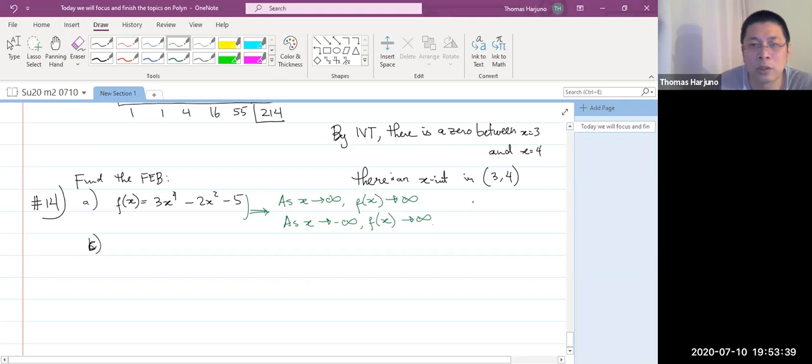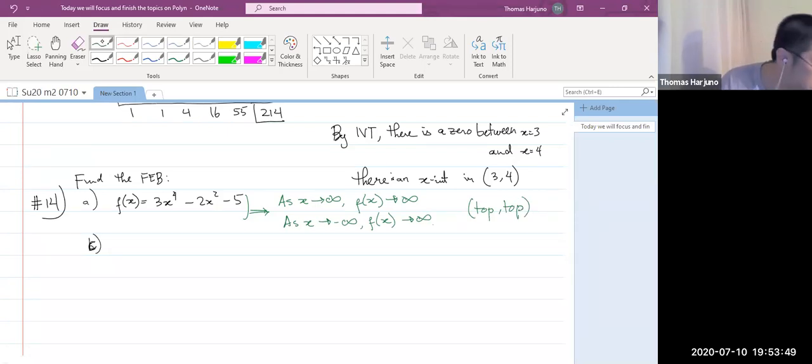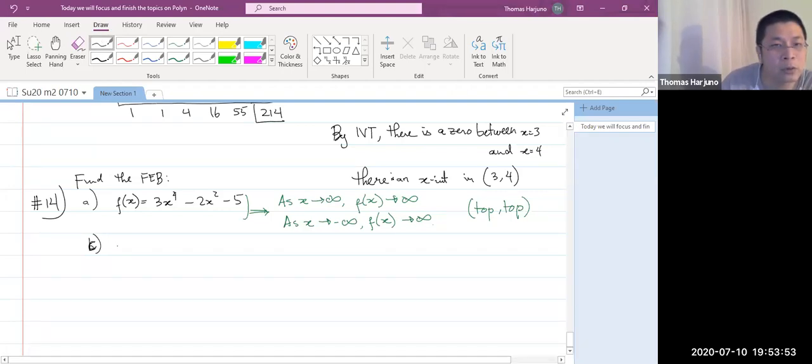Or in other words, in my class, you can just say top. You go to the far right, you go to the top. Go to the far left, it also goes to the top. How about part C? We have f(x) equal to 2x to the 5th plus 2x squared minus 7x.